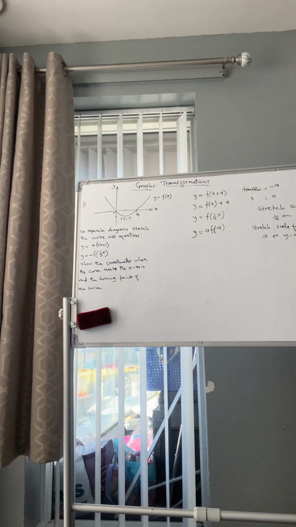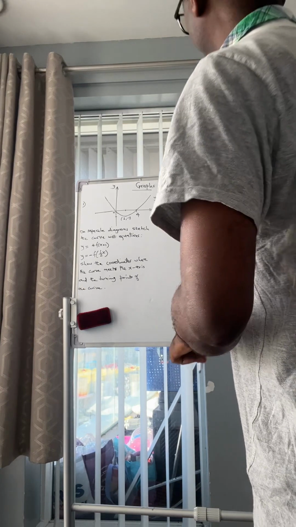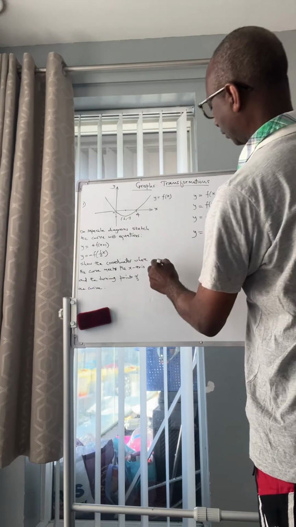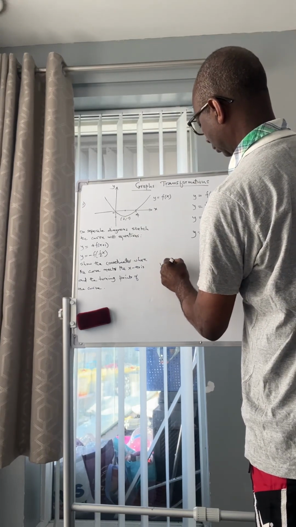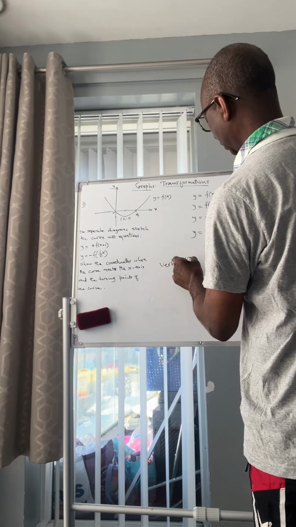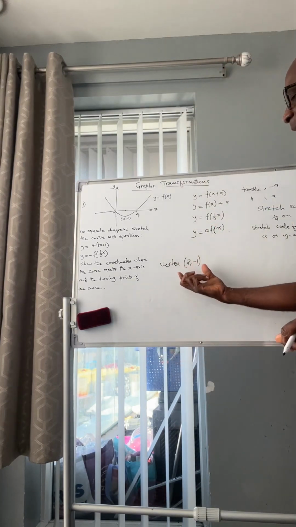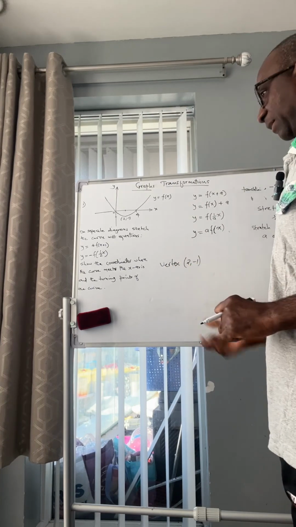But then it has a vertex of 2, minus 1. The vertex happens to be the turning point of a graph.